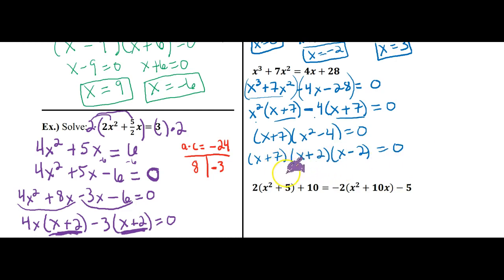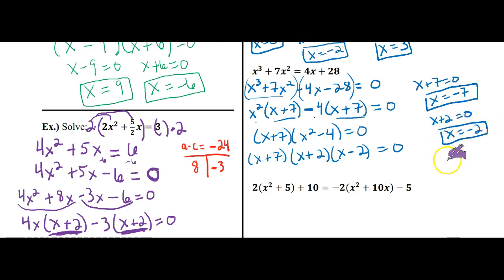So then each one of these has to get set equal to 0. I'm going to do it up here. X plus 7 equals 0, which I'll subtract 7 from both sides. So x could be negative 7. Then x plus 2 equals 0. Subtract 2 from both sides. X equals negative 2. And then x minus 2 equals 0.